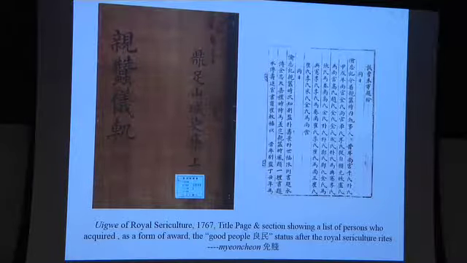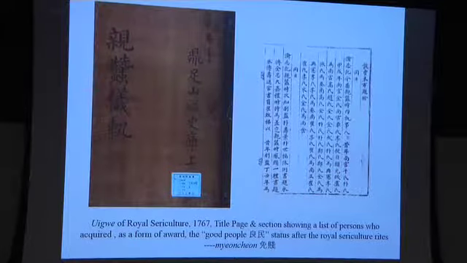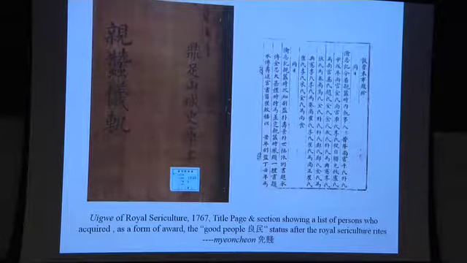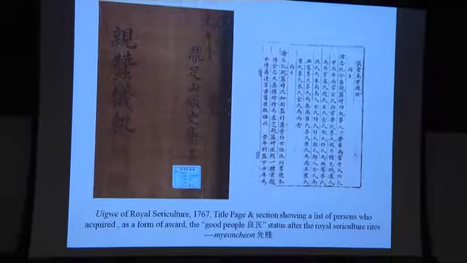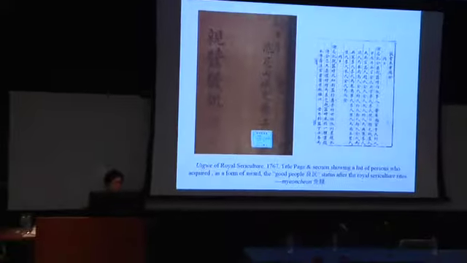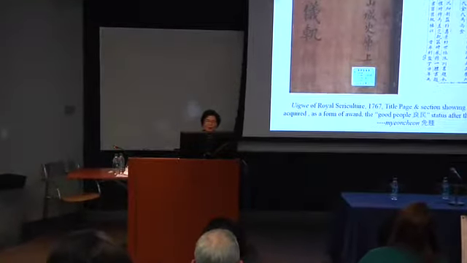So during the Joseon period, basically there are these two, yangmin and cheonmin. And yangmin can be sa, nong, gong, sang. But if you are born in cheonmin, your descendants are all cheonmin, outcast. So this is the only chance.